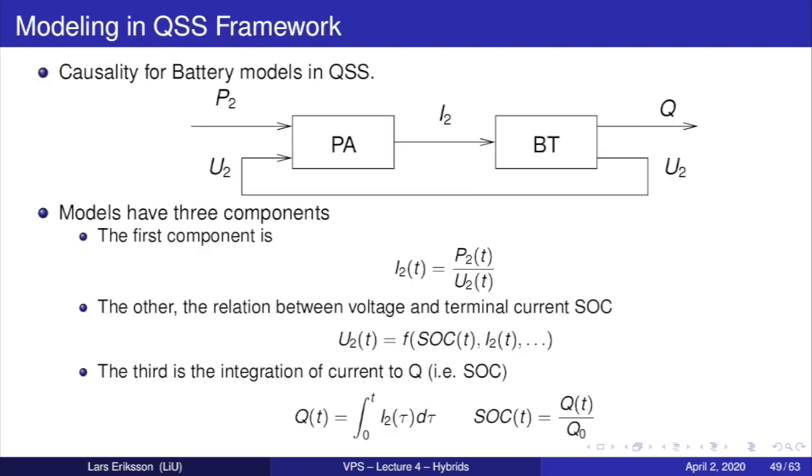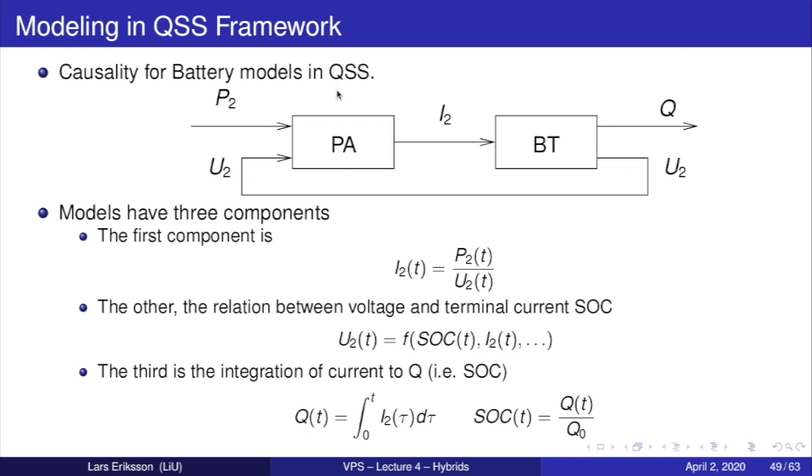When we model batteries in terms of the QSS framework, we come with the power requirement or regenerative power from the power electronics and from the driveline. This comes into the power electronics that is controlling the battery, and in the QSS thinking we have access to battery information where the voltage is coming here, and since we're looking at output power, this output power is generated by the product of the current from the battery and the voltage from the battery.